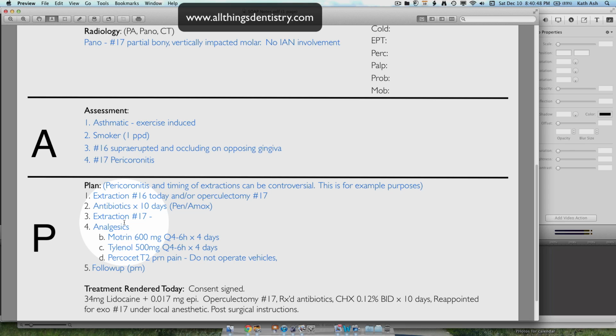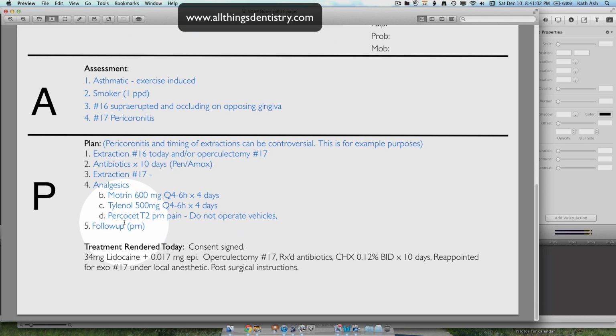That's important not only for yourself to remember, say in 6 months when you come back to the chart and the patient presents with paresthesia, but also if somebody else picks up the case and is wondering what happened. Then write down your treatment rendered today.